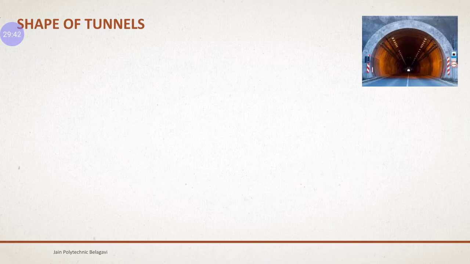Shapes of the tunnel. There are different shapes, as I said in the contents, and different shapes are used for different purposes. So we'll try to understand which are the different shapes and for which purpose each shape is used.